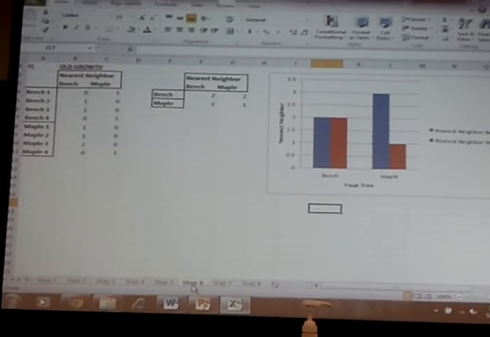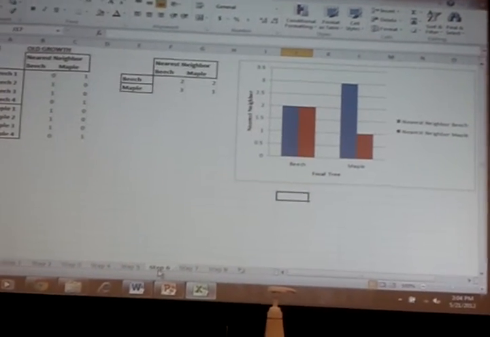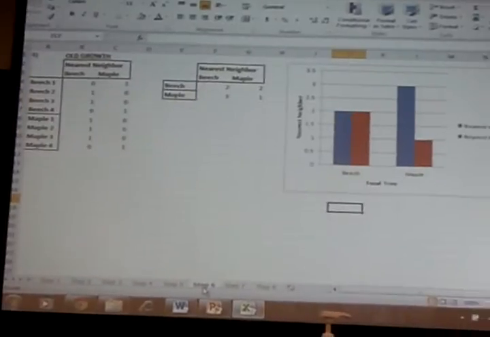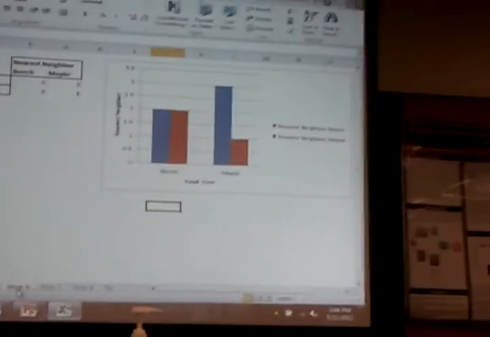Again, this is our old growth forest, but now instead of distance to nearest neighbor, what we want to know is the species of the nearest neighbor. And so this isn't exactly easy to represent. When you have your data sheet, this is going to be referencing exercise 1, step 1 through 3.